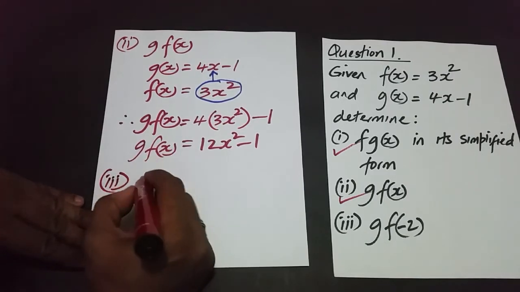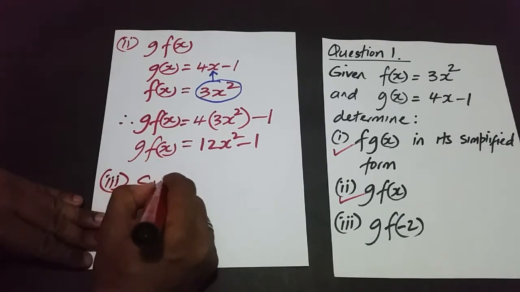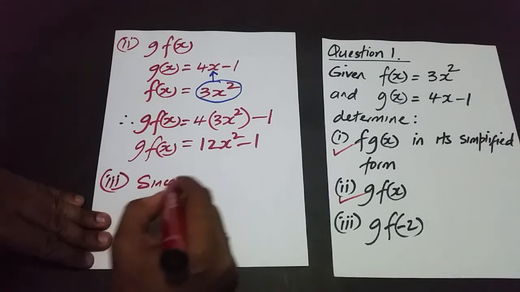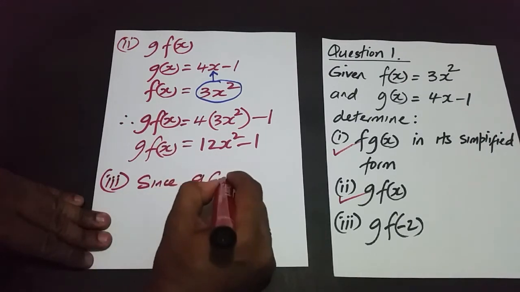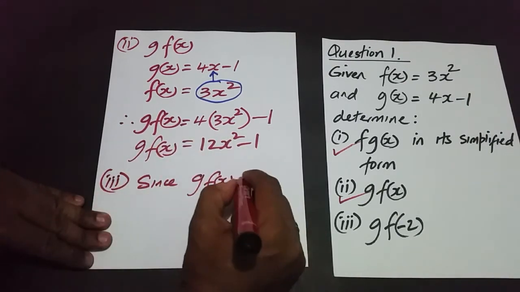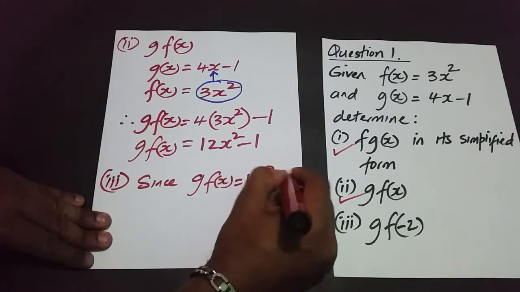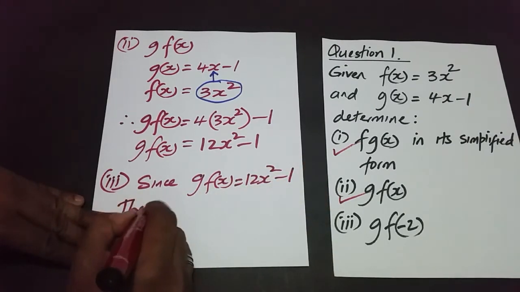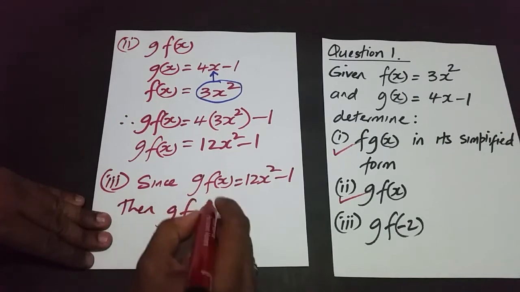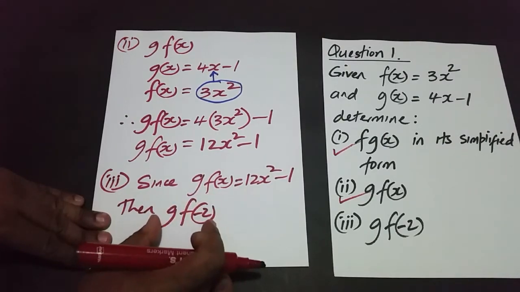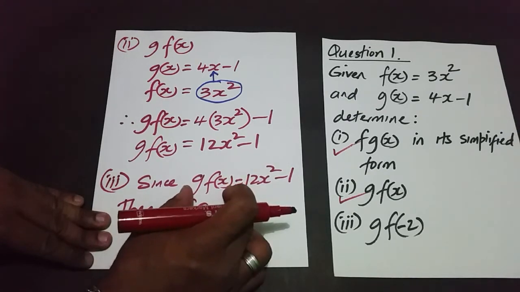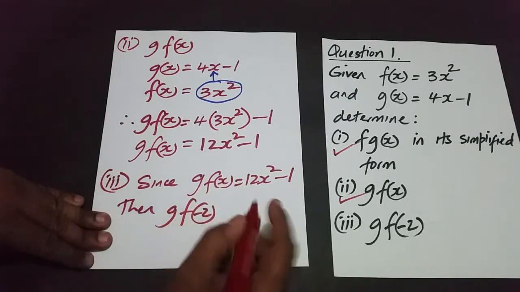Okay. So since g of f of x, which is what we found here, is equal to 12x squared minus 1, then g of f of negative 2, when you compare this g of f of negative 2 with g of f of x, you can see that x is being replaced by the negative 2.